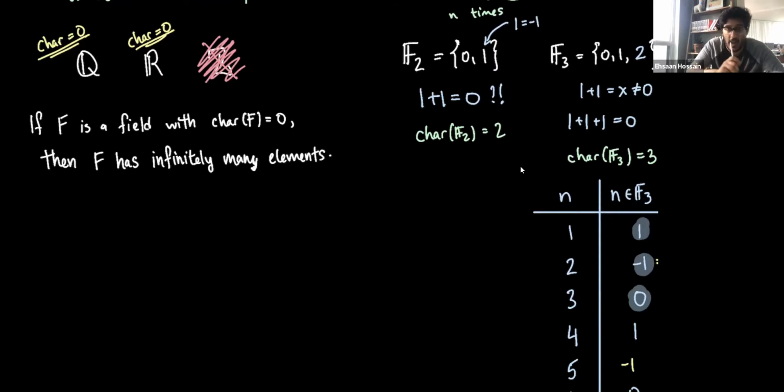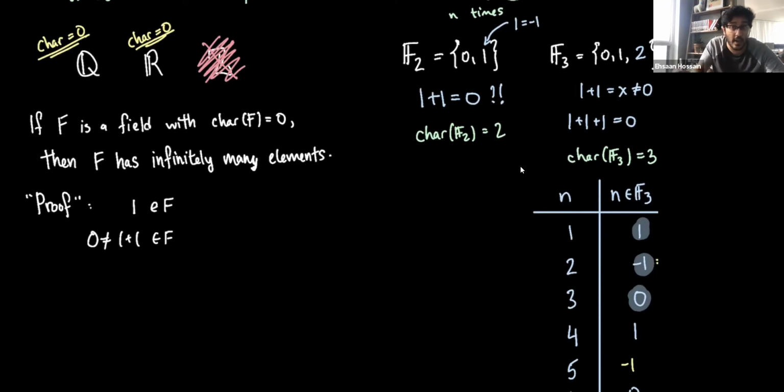Okay, so how do you do that? Well, I can give you a bit of a proof sketch for this. The other theorem I couldn't prove for you, but this one I can kind of try to prove to you, right? Well, definitely 1 is an element of F, and therefore 1 plus 1 is an element of F, and I know it's not 0 because I know F is characteristic 0.